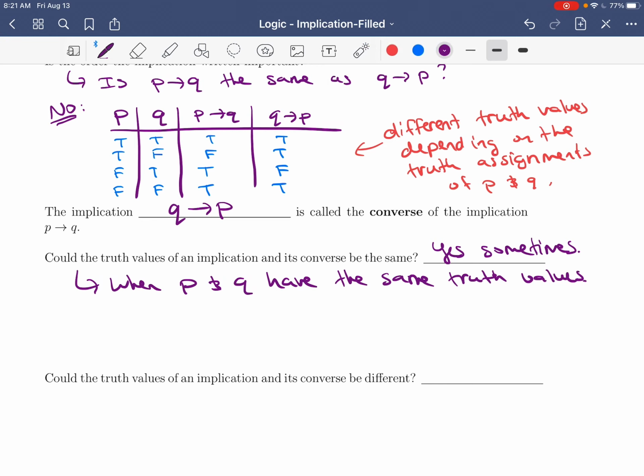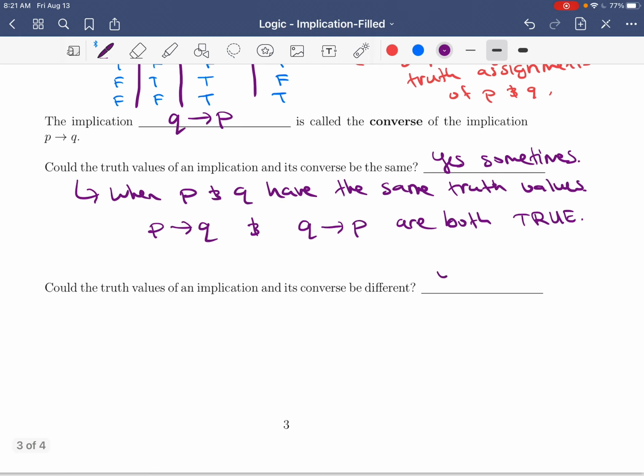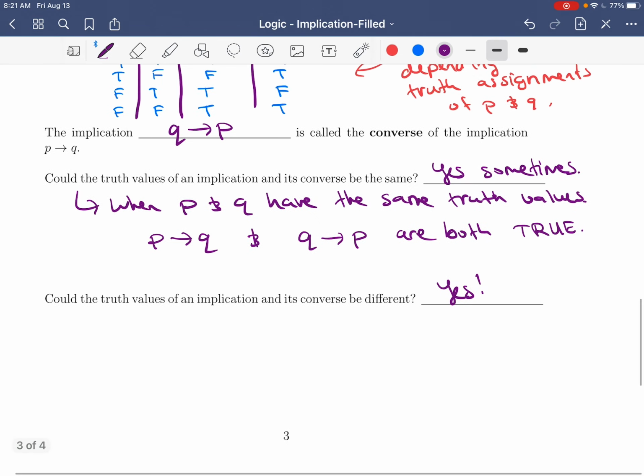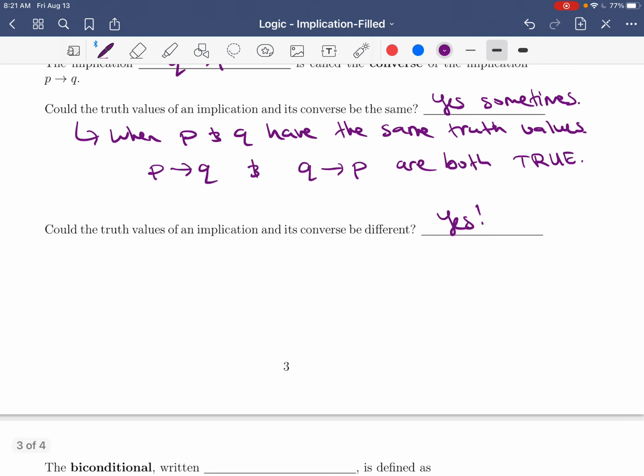So when they have the same truth values, P implies Q and Q implies P are both true. But obviously they can have different values as well, and that's why they're different. As we saw in the table, I'm just going to leave that.